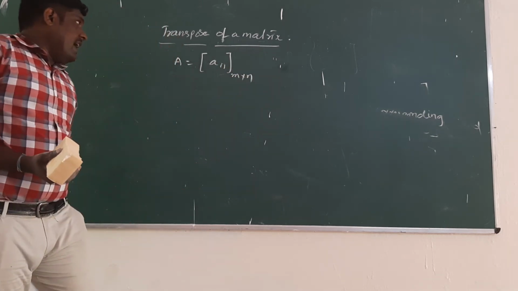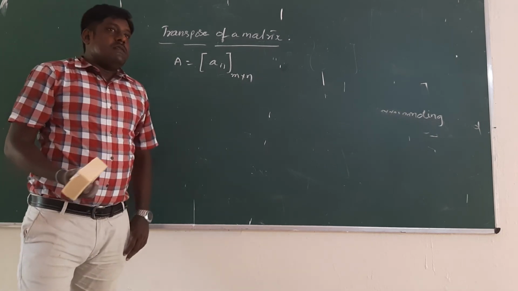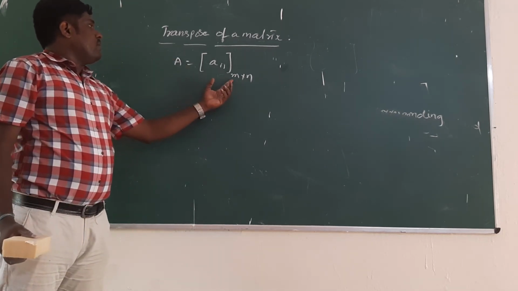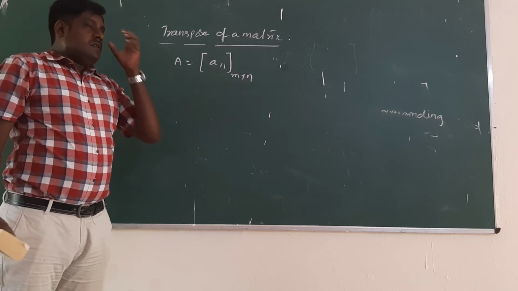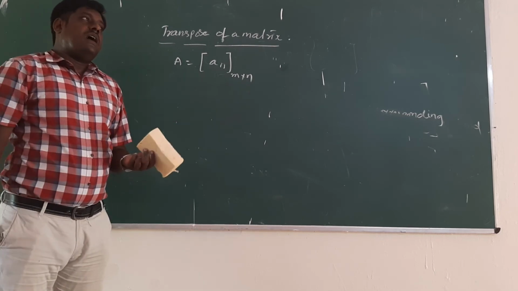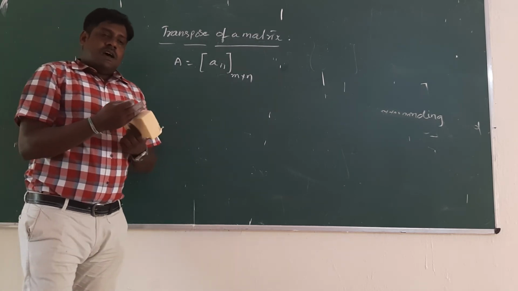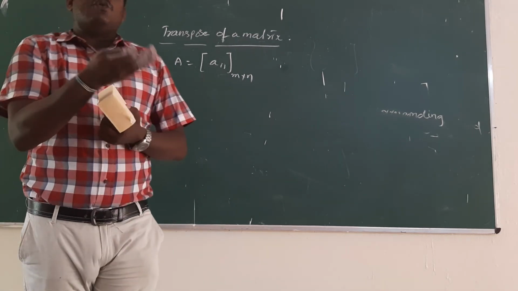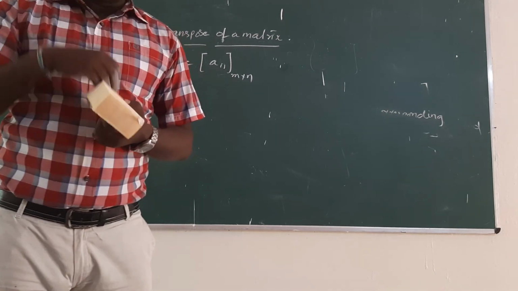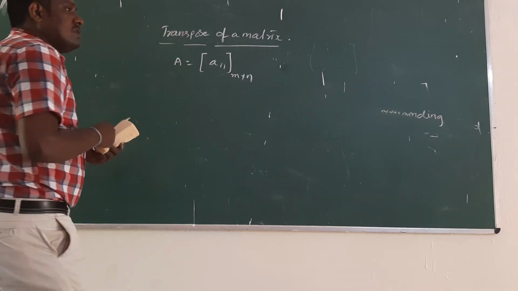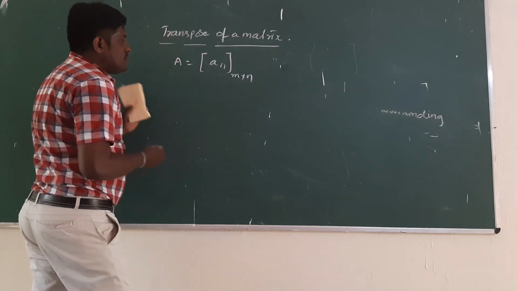This matrix contains m rows and n columns. So the transpose of any matrix is nothing but we interchange the rows into columns and columns into rows. This is called the transpose of a matrix.